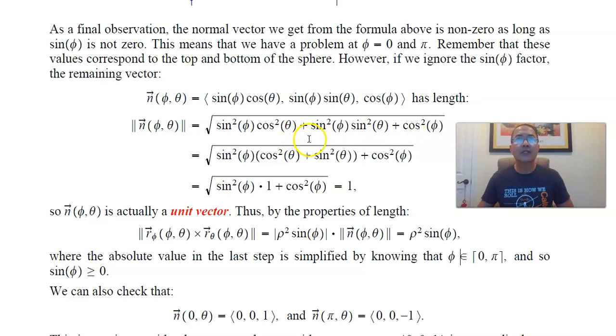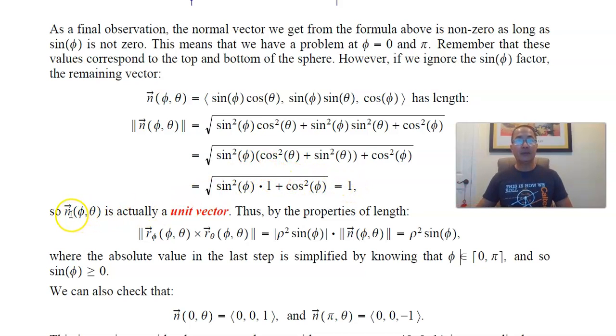What can we bunch together? These two have sine squared phi in common. Cosine squared theta plus sine squared theta sounds familiar, so that's equal to 1. And we have cosine squared phi along for the ride over here. But sine squared phi plus cosine squared phi is just equal to 1. So that's a unit vector.